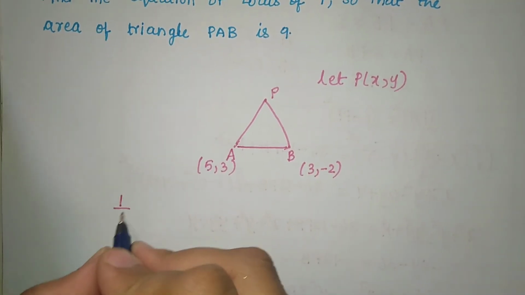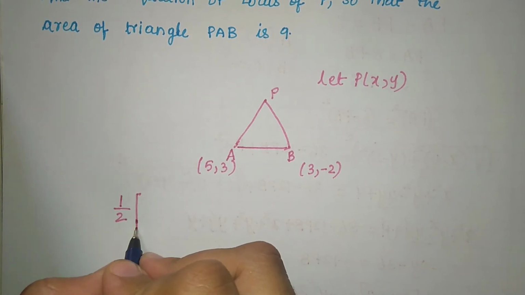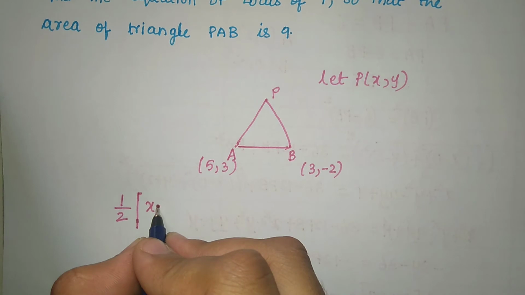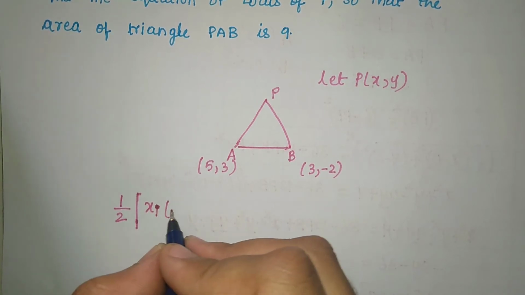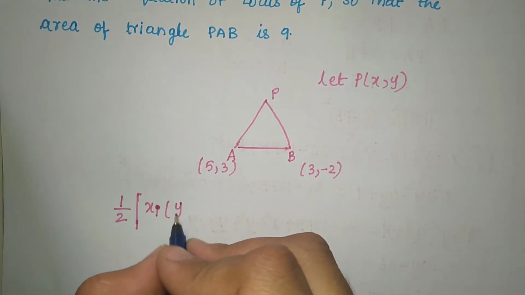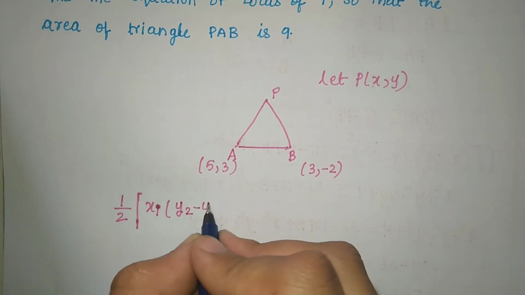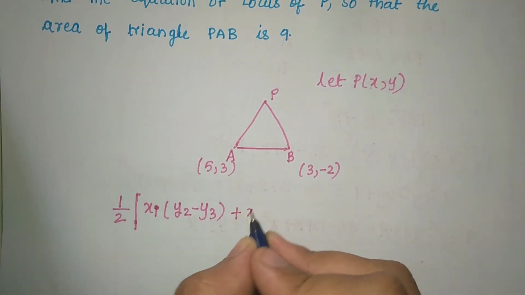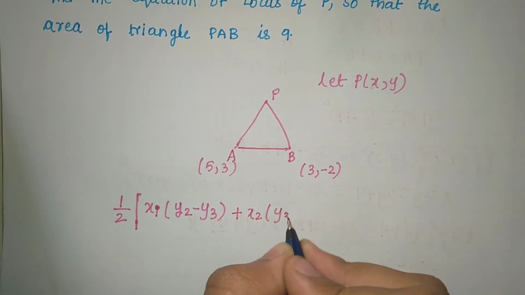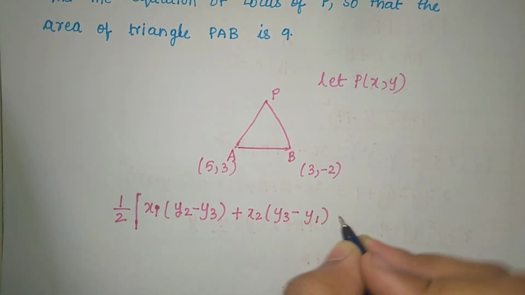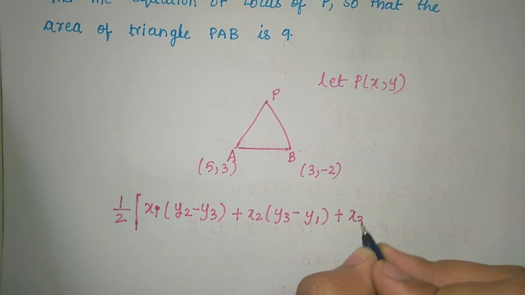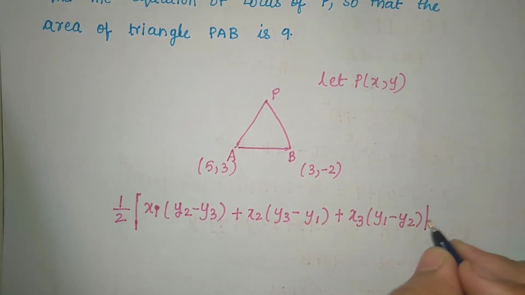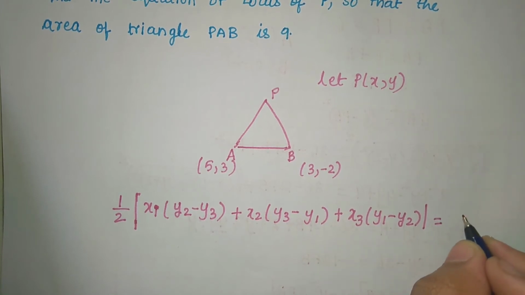What is the formula of area? Half into modulus of x1 into (y2 minus y3) plus x2 into (y3 minus y1) plus x3 into (y1 minus y2) is equal to 9.